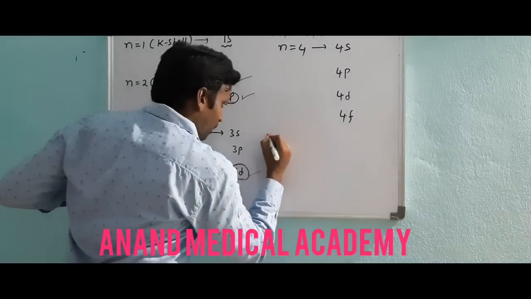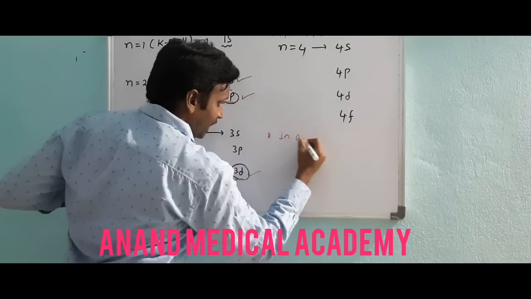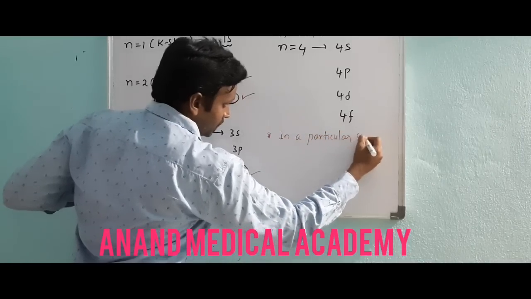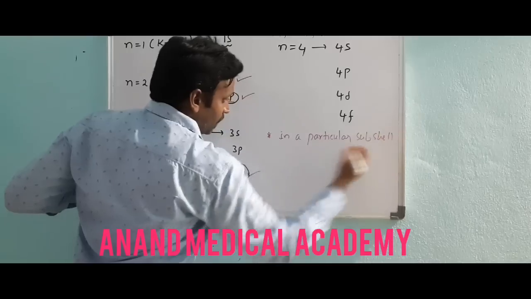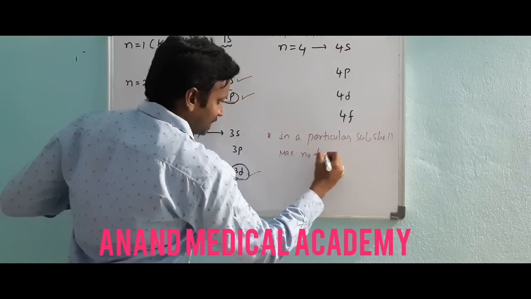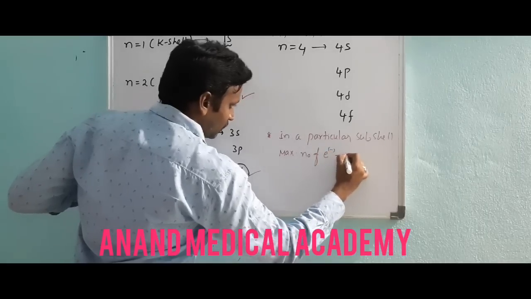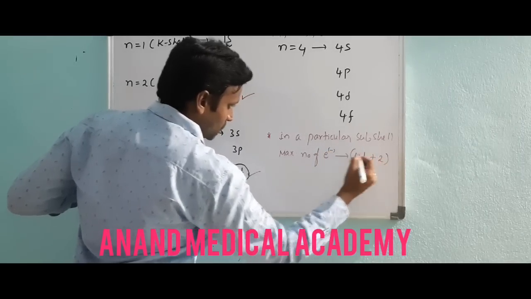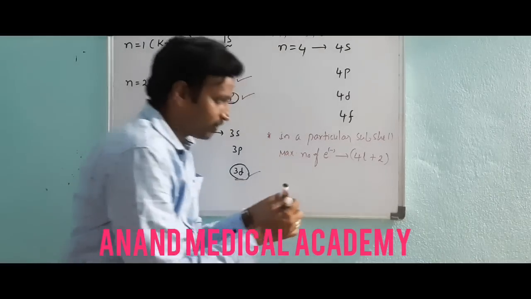Next, in a particular subshell, the maximum number of electrons is 4l plus 2. Very, very important for you.